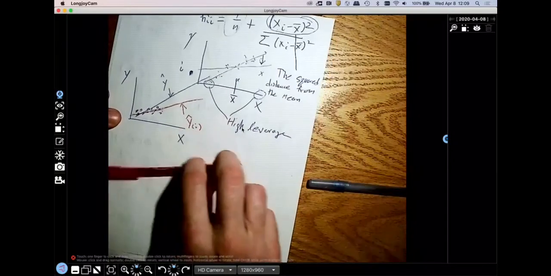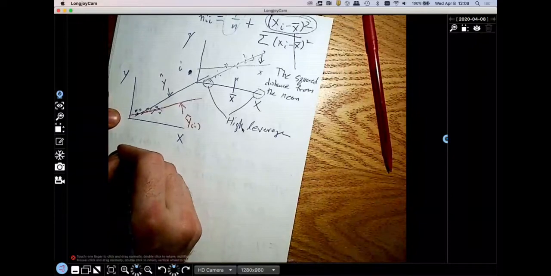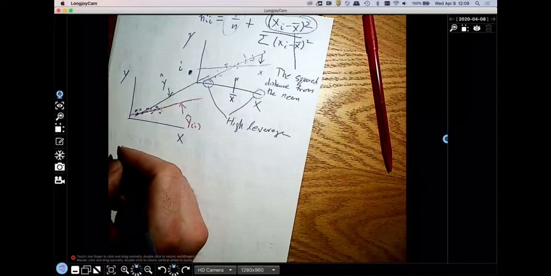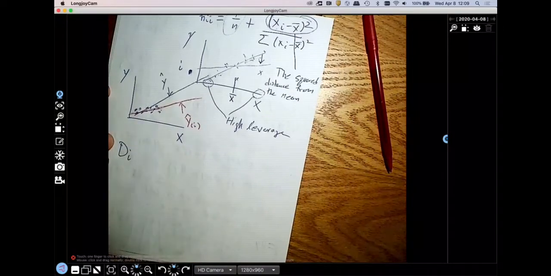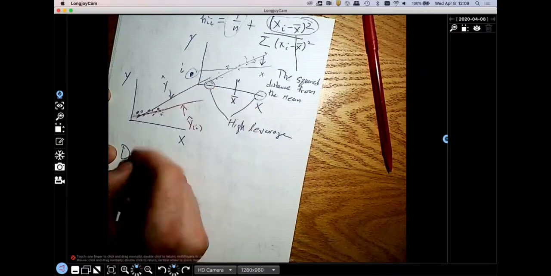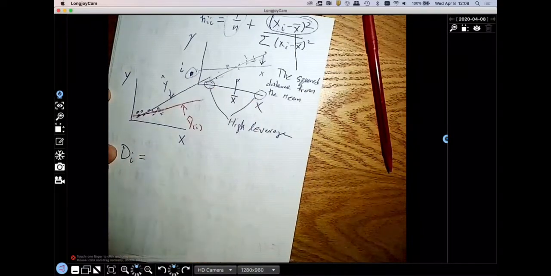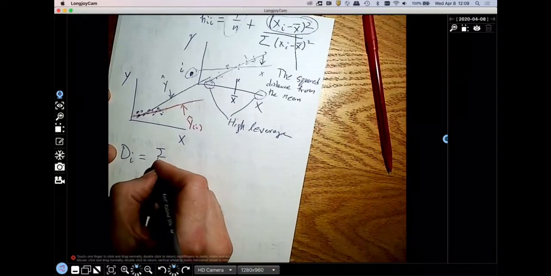Now let's remember what our Cook's distance formula was. Cook's distance is d sub I. So how much influence does this observation have? Well, the formula was this. We're going to make a sum, j equals 1 to n.